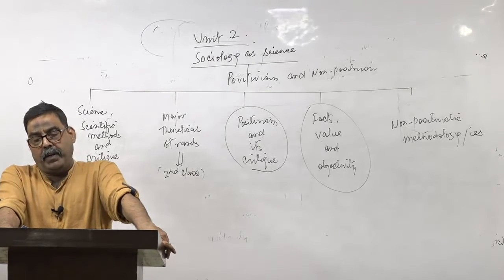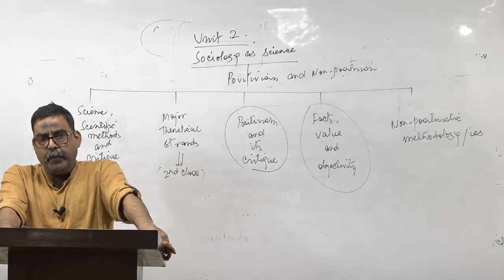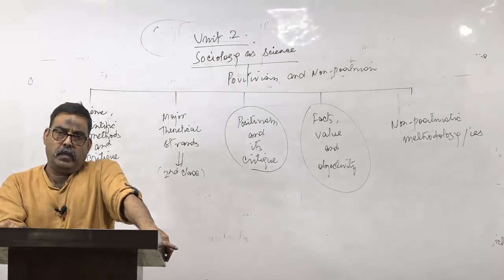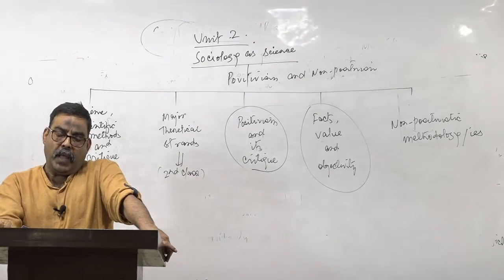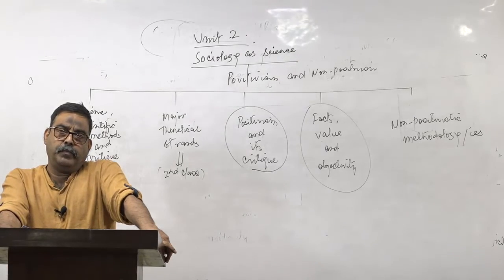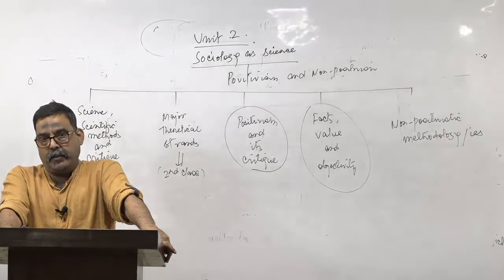And why it cannot be compared? It cannot be compared because the subject matter which you are looking at in sociology, the man, the individual, the human beings, they have a conscious life which the matters do not have. So man cannot be equated with the matter.